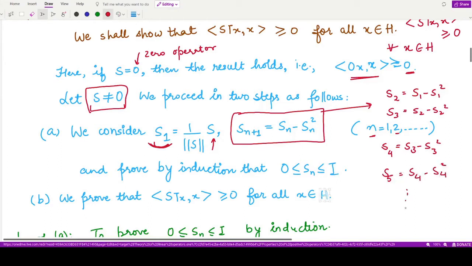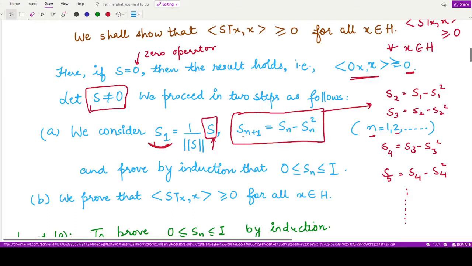In a similar way we can continue, and we have all the S1, S2, S3, S4, S5, S6, S7, S8 and so on up to infinity from the given operator S, because using this S we define S1, and from there onwards we have a recurrence relation which defines these operators.